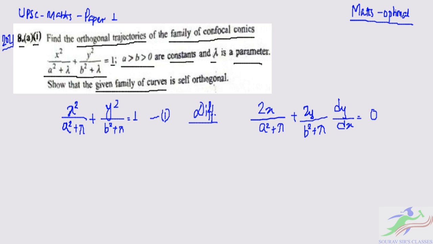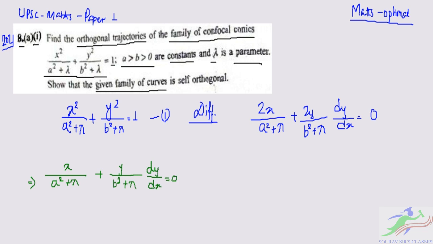Now we can write this as x by a square plus lambda plus y by b square plus lambda dy dx is equal to 0.